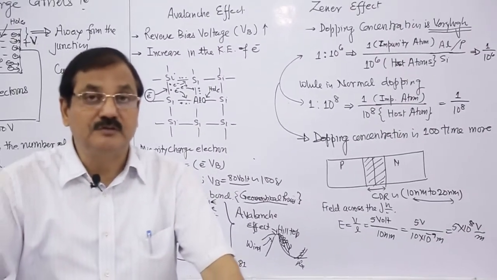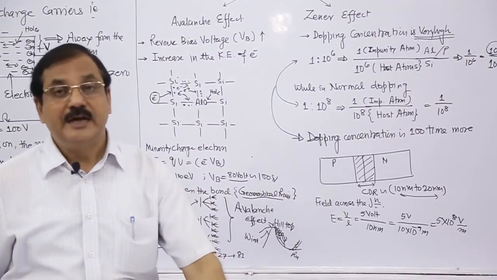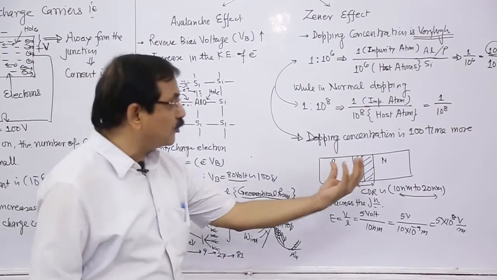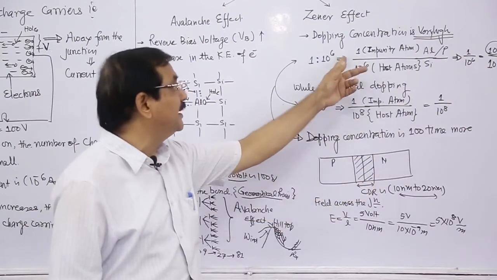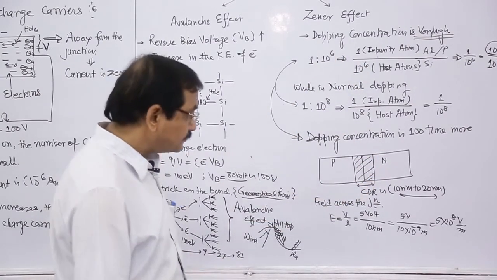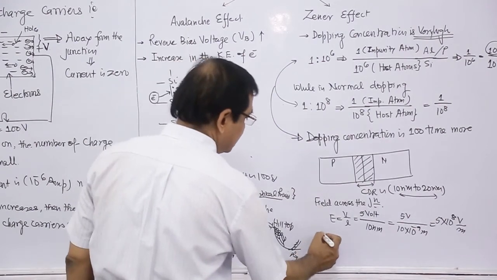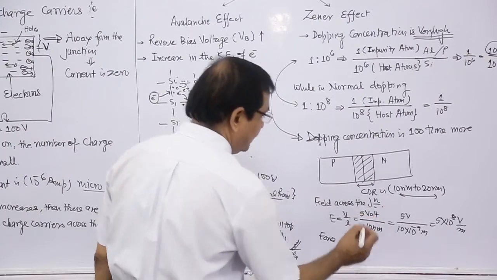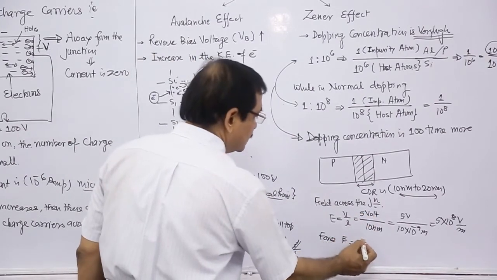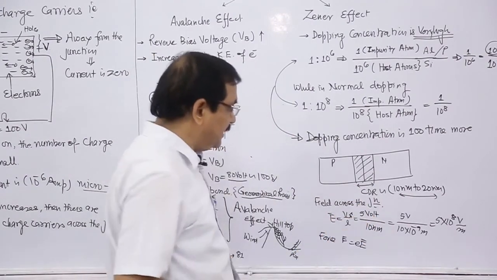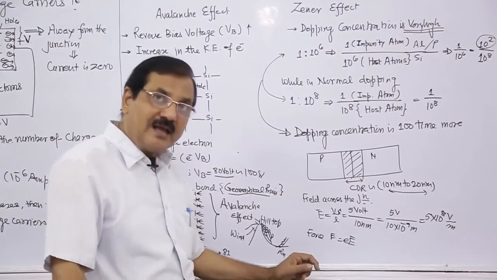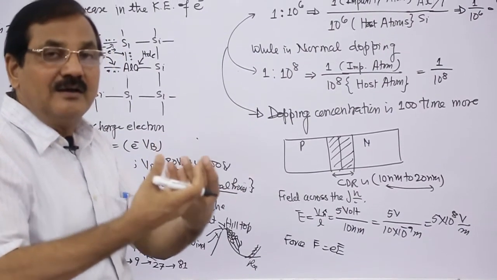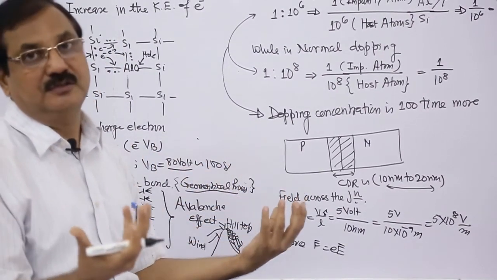5000 megavolt, it is a very high field, and due to that very high field, developed across the junction due to the high doping, 10 to the power 6 doping, the force F is equal to E into this field. So, this field is very high, and due to this high field, electrons are evaporated from the junction.